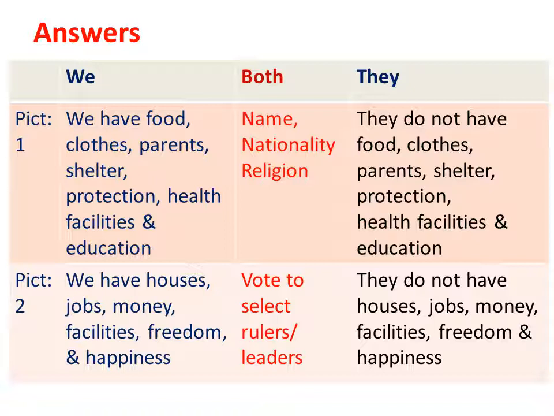And I don't see facilities there. And there's no freedom and happiness. There's a big difference. But both they and we have the right, or the facility, to vote to select the rulers. Right? So these are my ideas.